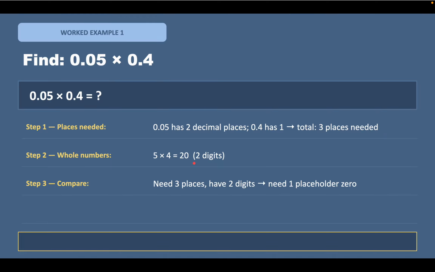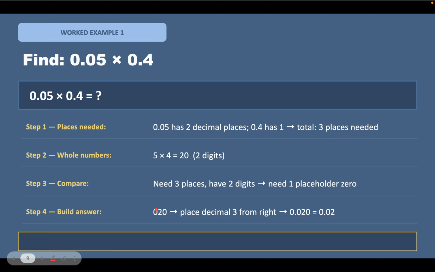So we're going to use 1 placeholder 0. So we'll rewrite that as 0, 2, 0. And then we can place our decimal point 3 positions from the right. If we start at the right, count 1, 2, 3, and that's where our decimal point goes. And then, of course, this simplifies a little bit. We don't necessarily need that ending 0, so we can simplify that to 0.02.